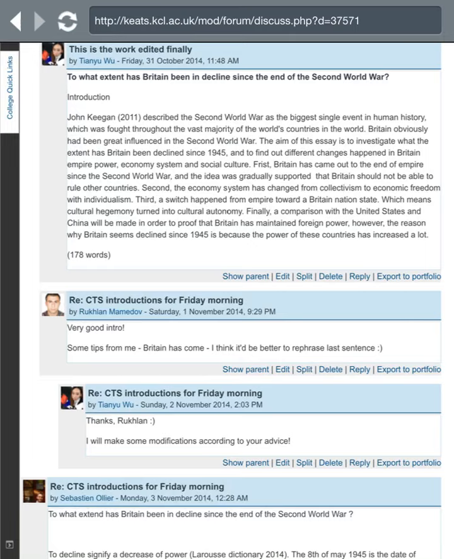Okay, the aim of the essay is to investigate to what extent Britain has been declined. Try to paraphrase better, and this is a grammar mistake. Being in decline, you can't say it that way. Find out different changes happened in Britain. Well, the aim of this essay is not to find out what changes happened to Britain.